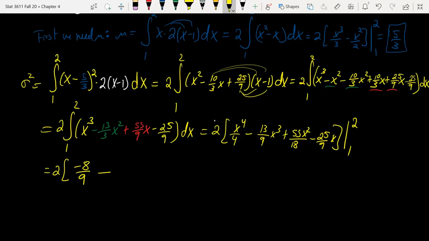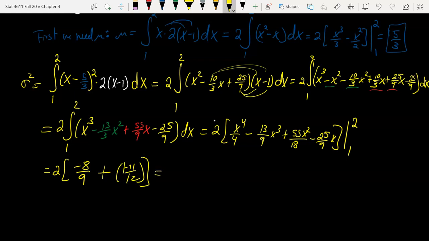So the 1 here is just a quarter, minus 13/9 plus 55/18. There we go. And minus 25 over 9 is negative 11/12. All right, so double negative here.